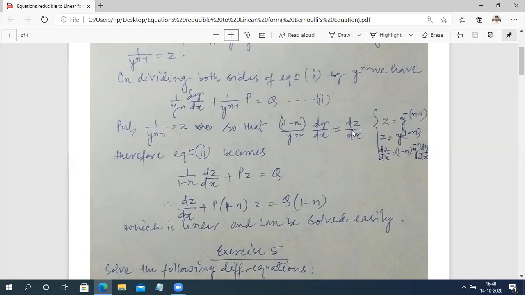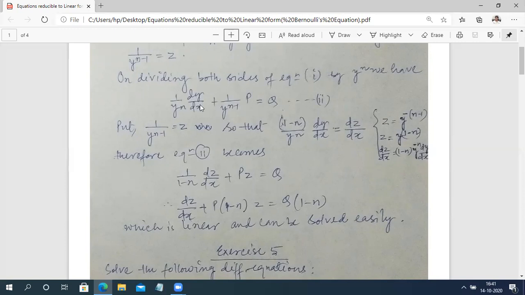Okay, so this is your dz/dx. Now what you have to do, you substitute the value in this equation 2. In this case, (1/y^n) dy/dx, what will it be? This term will come in the denominator, so it will be 1/(1-n) dz/dx.